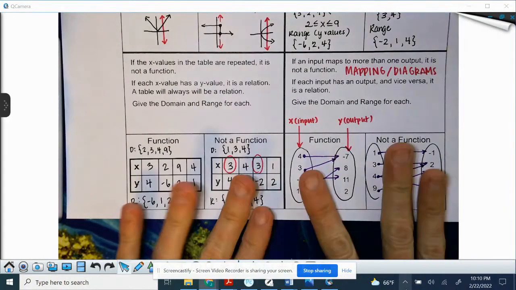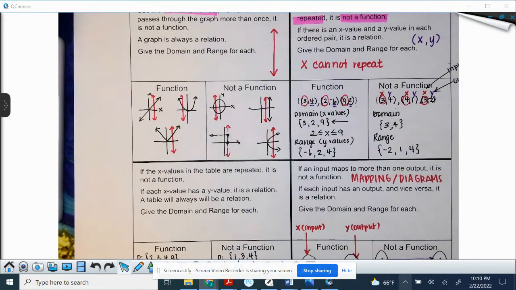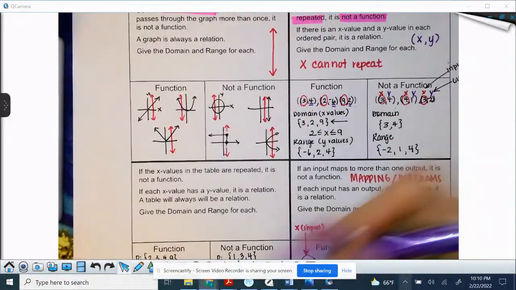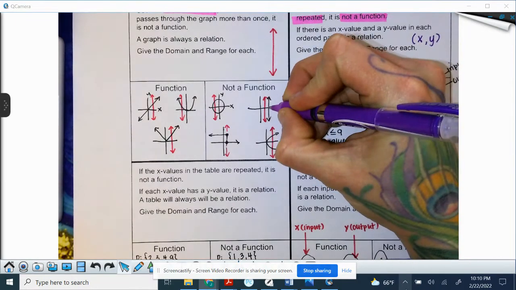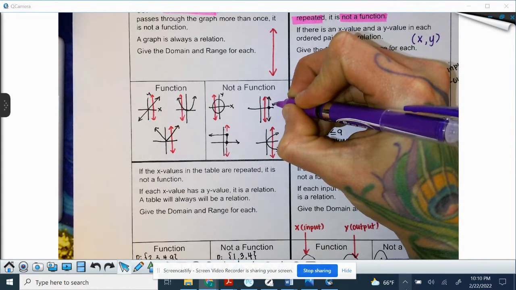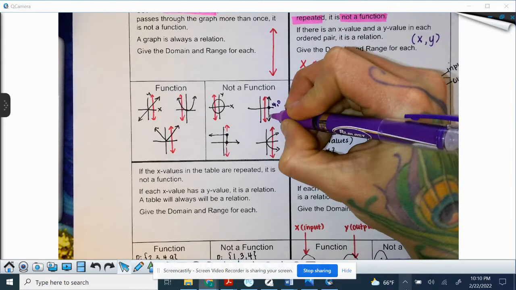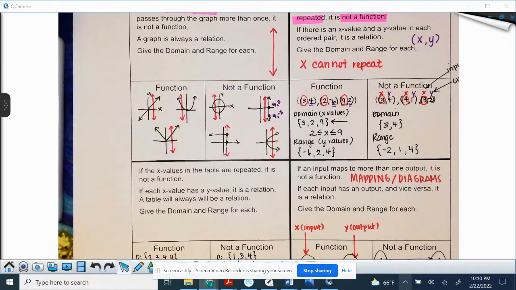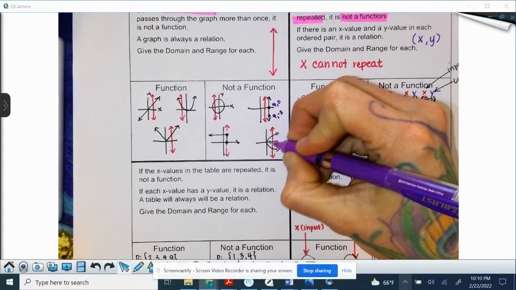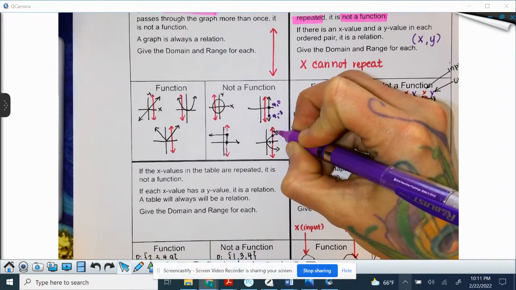And circling back to our graphs, remember, graphs are ordered pairs or a table as well. So as soon as I see this, if I call this, let's say this is 4, 0. Well, down here is going to be 4, -3, or whatever number it is down there. So then the 4 repeated. So that's not going to work. So if I used, this is 2. So 2, 3.